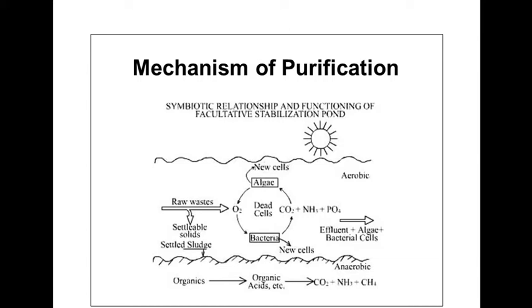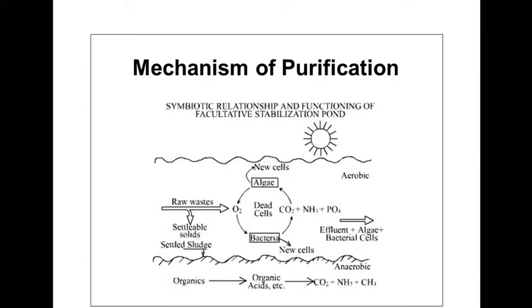So this is what we already discussed, microbial algal symbiosis, in which the raw waste is admitted into the pond, where the algae utilize oxygen from the atmosphere as well as the oxygen present in the water for the photosynthesis process.